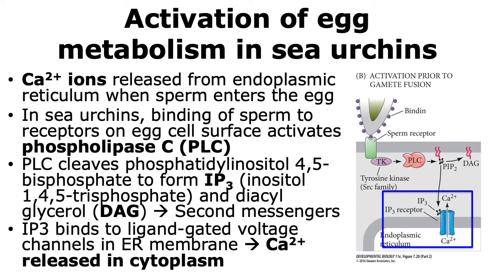When IP3 binds to these channels, the channels open, and calcium that is present in the endoplasmic reticulum can now be released into the cytoplasm. Thus, we can see a local increase in the cytoplasmic concentration of calcium ions. This increase in calcium ions will trigger the cortical reaction to occur.